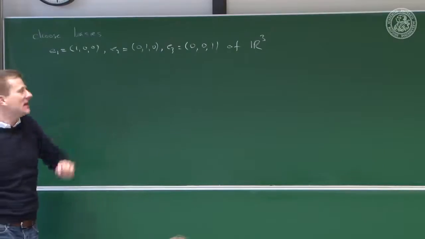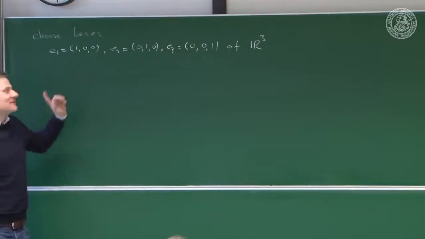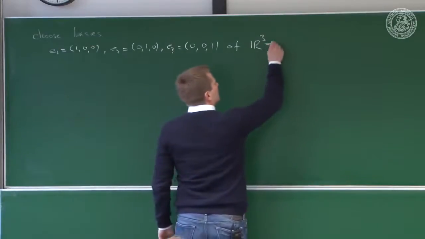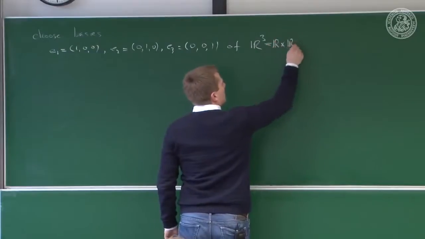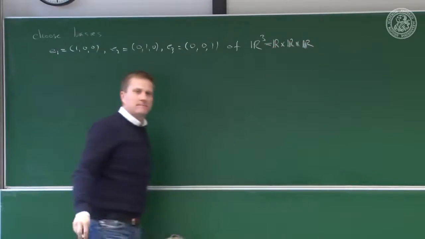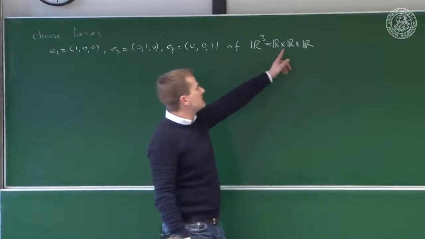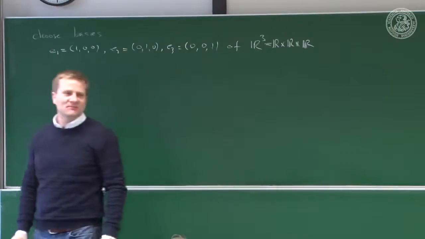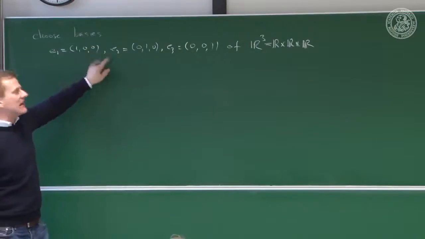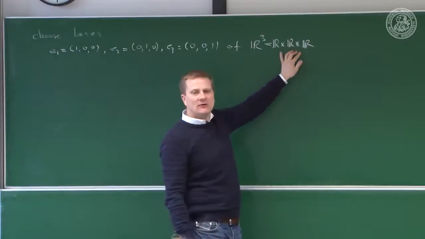But it's not like that. R3 is R cross R cross R. Agreed? So this is the space of 3-tuples. So this is an honest element of here without having chosen a basis.